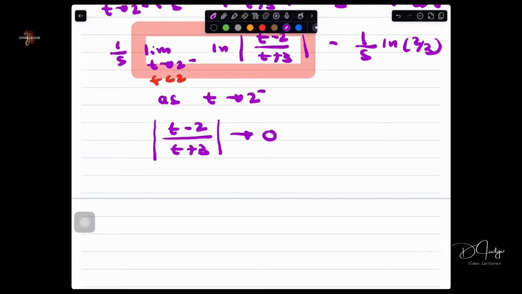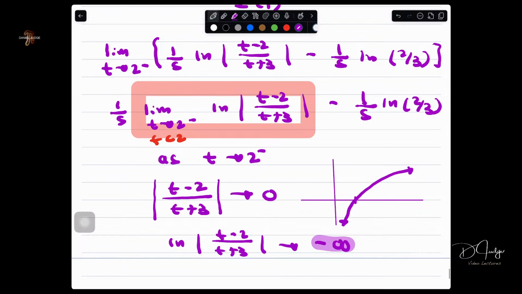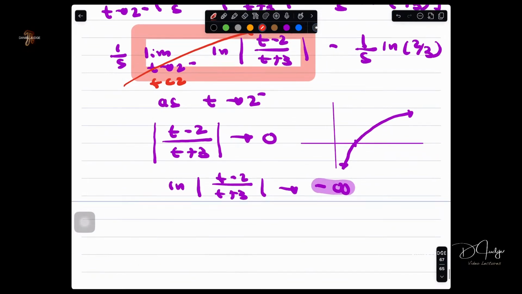Okay? What that means about the natural log function, as you go to 0 through these positive values, is this goes to negative infinity, because you know how the natural log curve looks. Okay? Natural log curve looks like this. So you're going to negative infinity here. So this limit is negative infinity. And a constant times negative infinity still is going to be negative infinity.